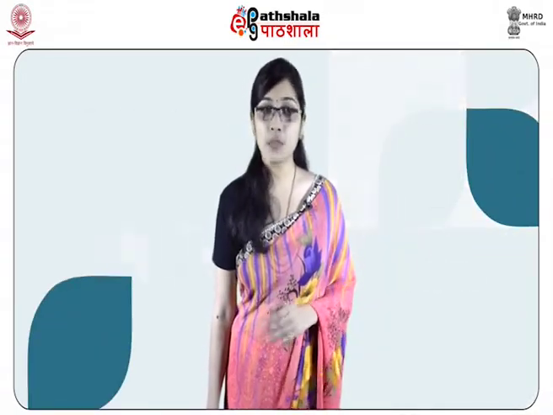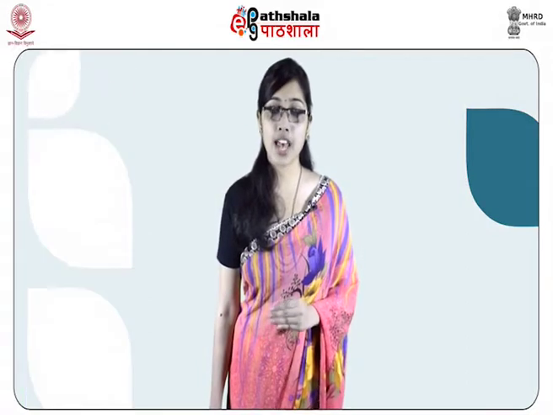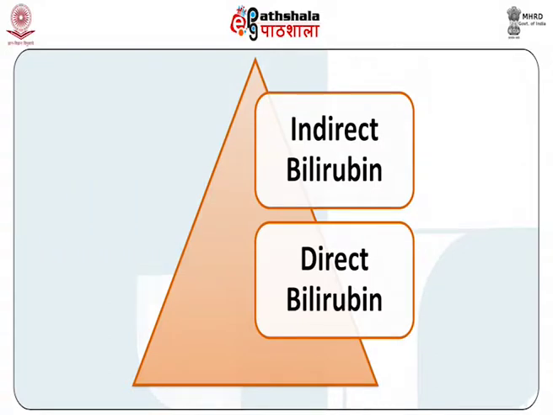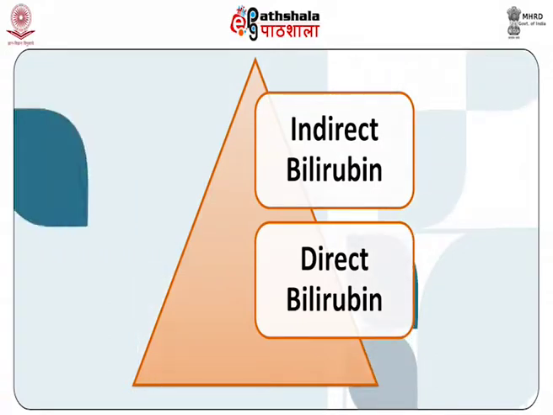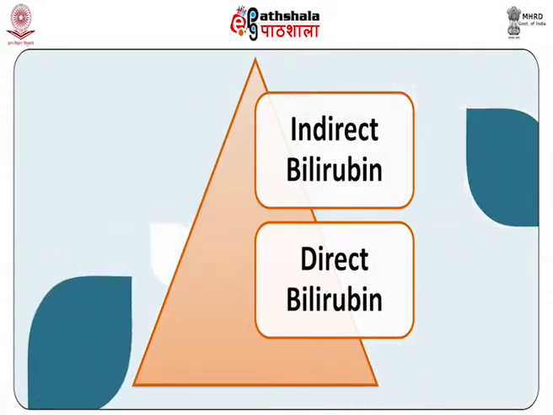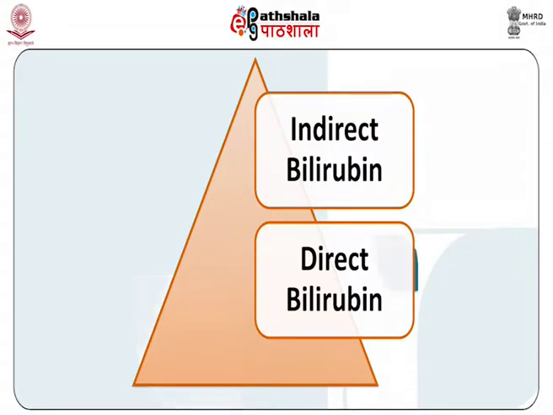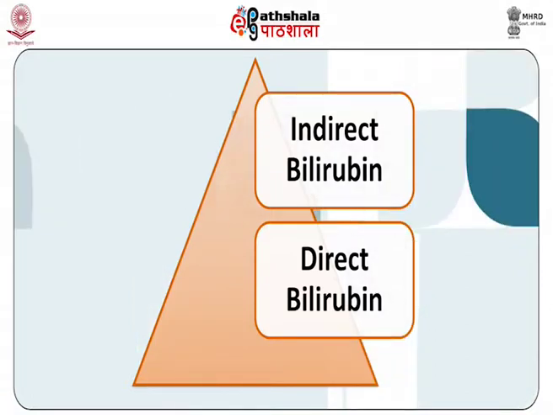The circulation of bilirubin in the bloodstream is carried out in two forms, that is indirect bilirubin and direct bilirubin. The indirect form of bilirubin is not soluble in water, but once it travels through the bloodstream into the liver, it is changed into the soluble form.